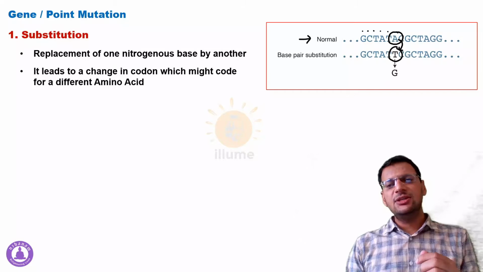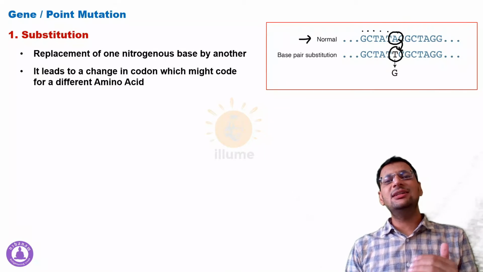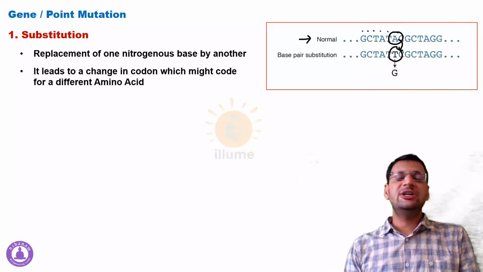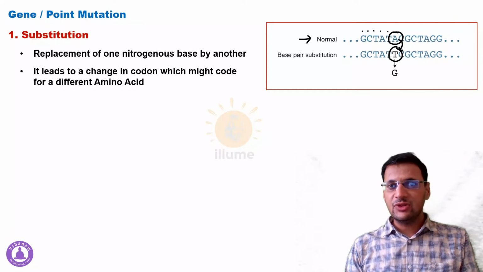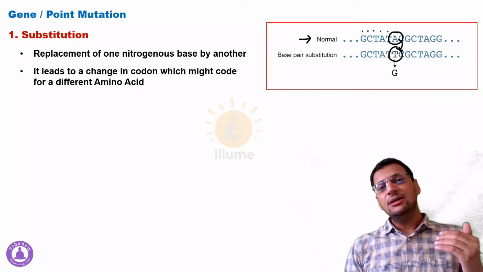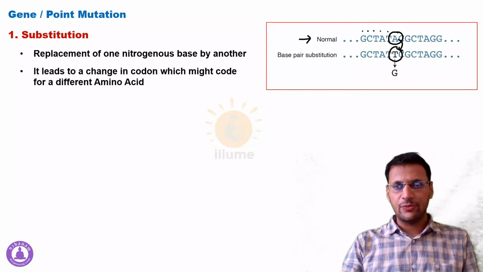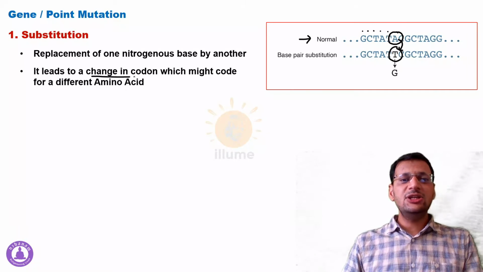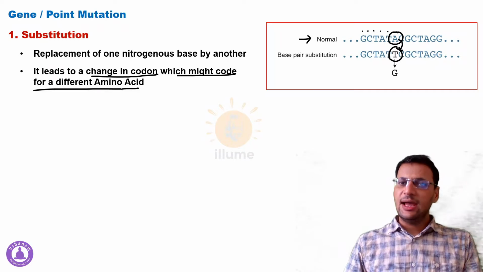Now this change in the nitrogenous base in the DNA would lead to a change in the mRNA that is transcribed, which would lead to a change in the amino acid sequence of that protein. That's because a new kind of amino acid would be coded by this codon. Now because of substitution, there is a change in the codon which might code for a different amino acid.